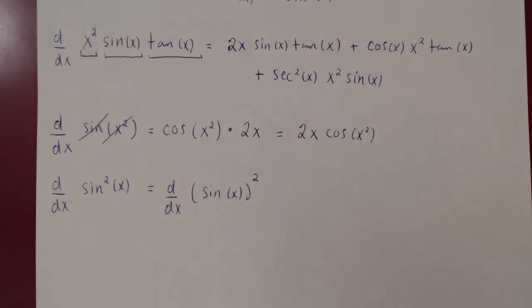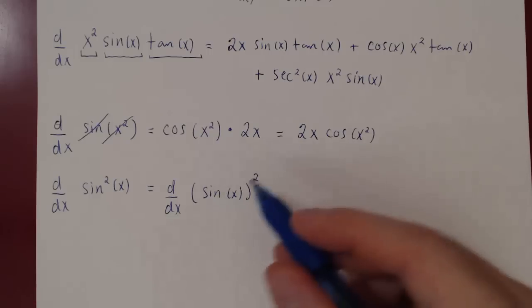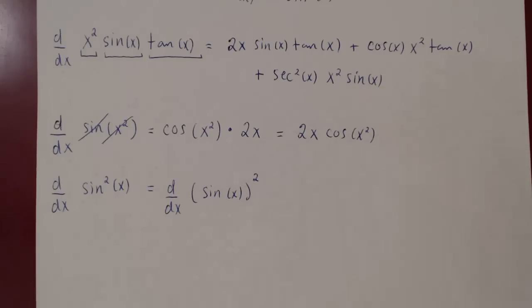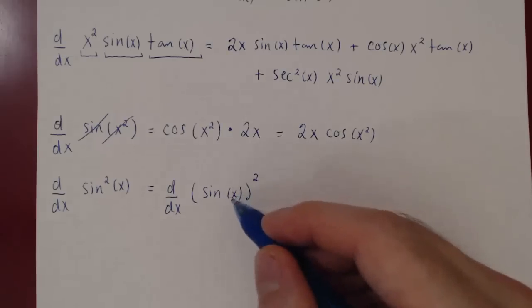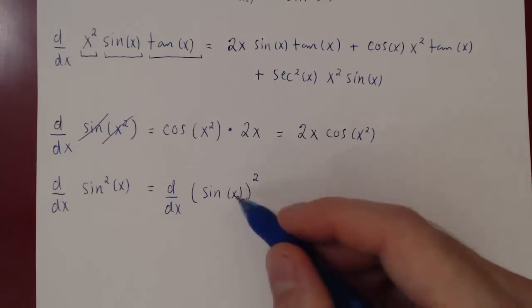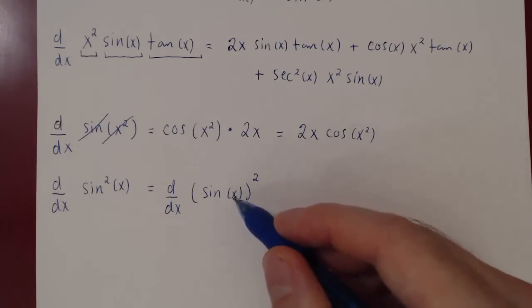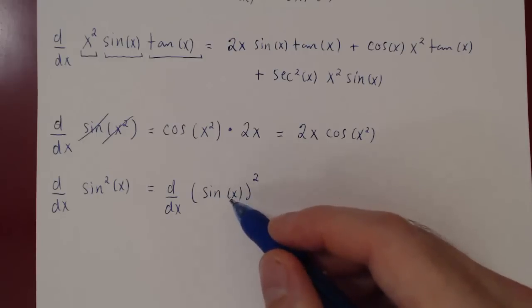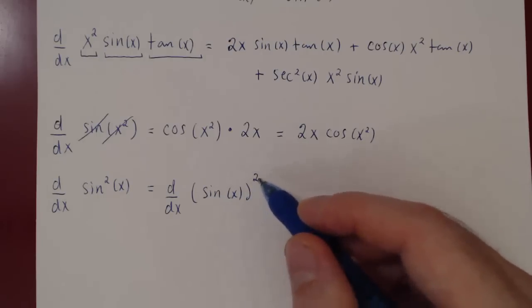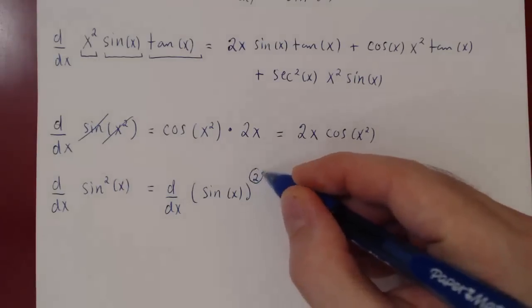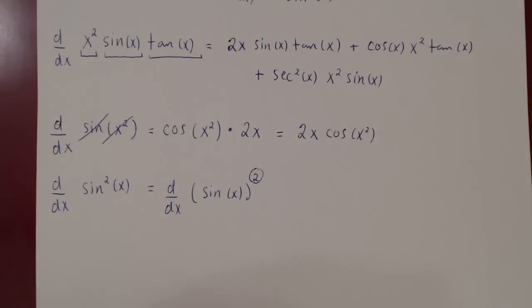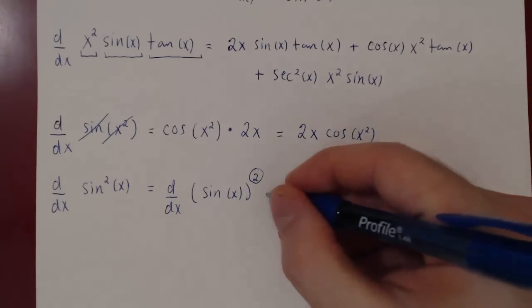So now the outside function is no longer the sine, but the power 2. So if I give you a value of x, and I say evaluate this expression, you will first plug it in, then take sine of x, and then finally you will square it. So the power 2 is the outside function. So the chain rule says we must differentiate the outside function.